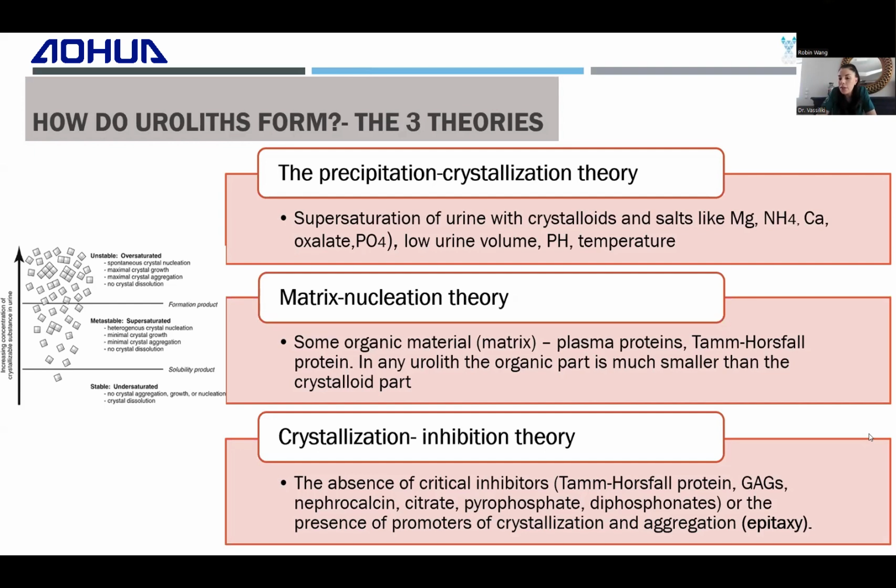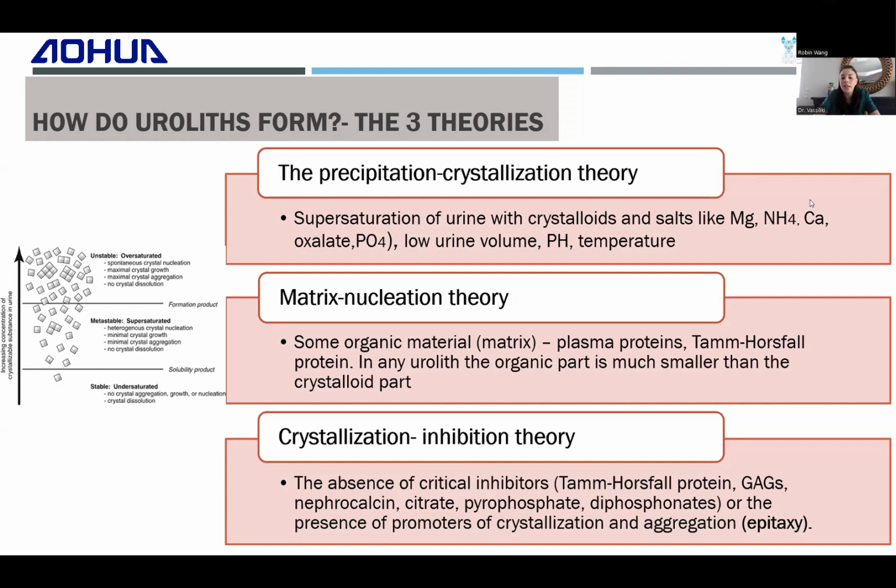The second theory is the matrix nucleation theory, where some organic material, which is called the matrix, and plasma proteins like Tamm-Horsfall proteins can actually form the nucleus. In any urolith, the organic part is much, much smaller than the crystalloid part. So we have a nucleus of an organic material, and around that, the urolith is formed.